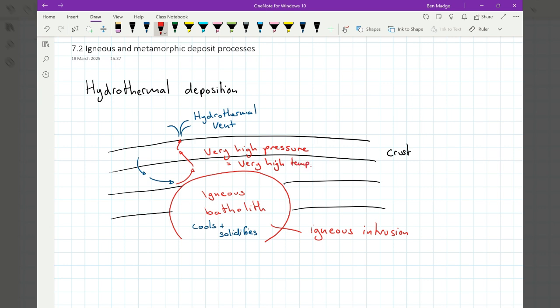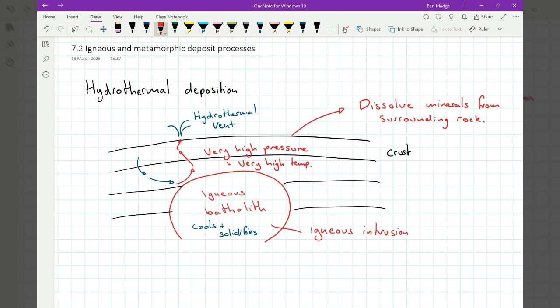And this hydrothermal liquid, because it's so hot, is able to dissolve minerals from surrounding rock.